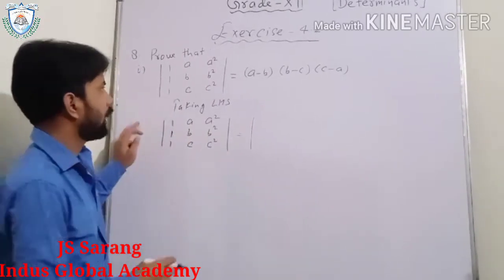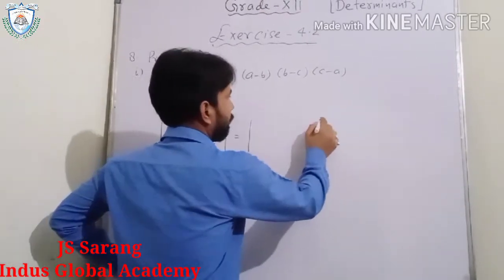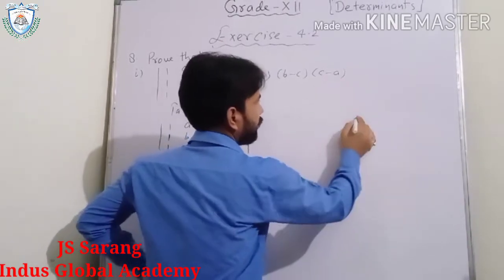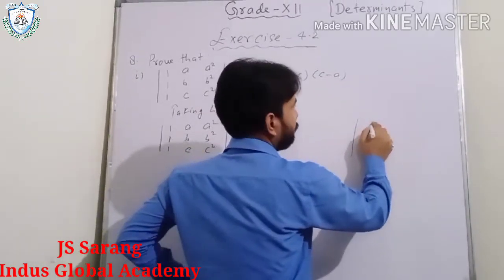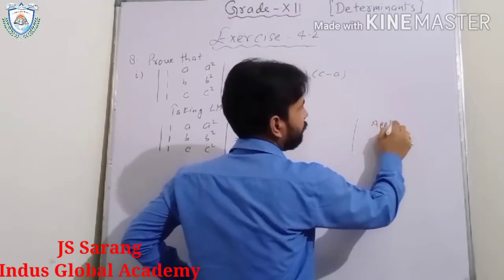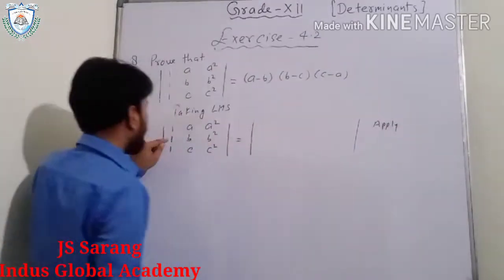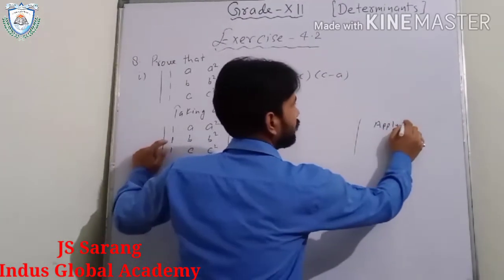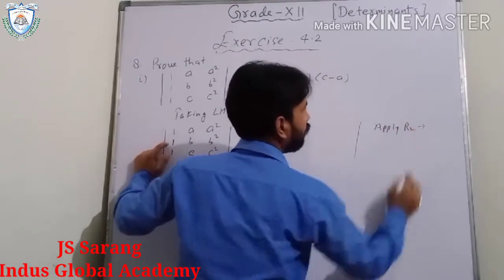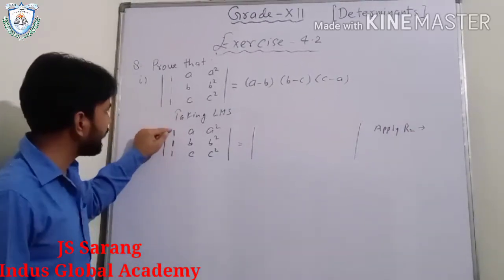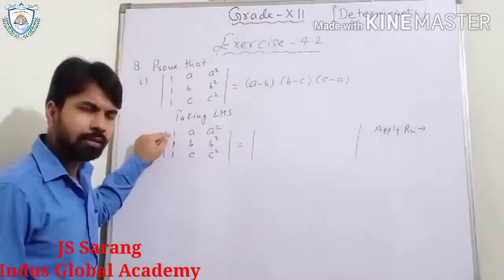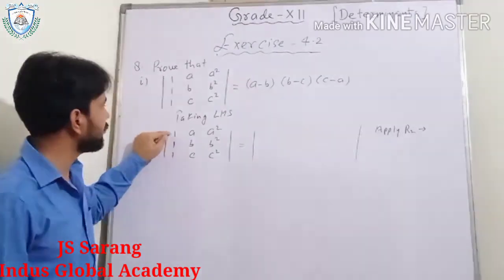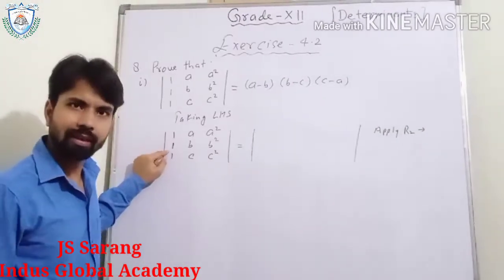See, we will apply the operation in R2. What? R2 minus R1. R1 is 1 now. R2 is also 1. So 1 minus 1, we will get 0.